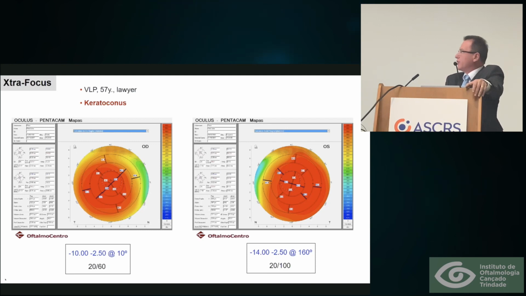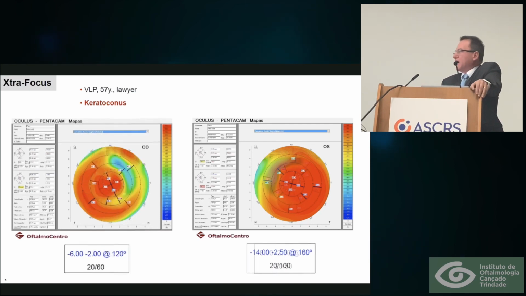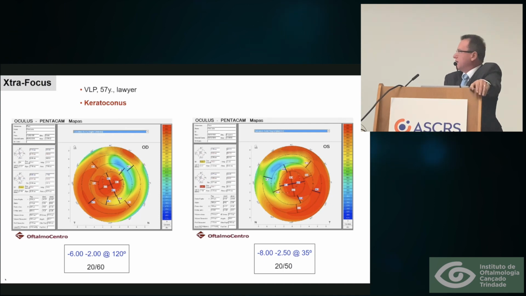This is another very interesting case of mine, with a very advanced keratoconus, a lawyer who could not tolerate rigid contact lenses anymore. She couldn't tolerate scleral lenses. She had cataract and this important keratoconus with VA of 20/60 in one eye and 20/100 in the other. I went ahead and put in a corneal ring, and this is the result after the ring, reducing the keratoconus but not improving her vision much because she already had cataract.